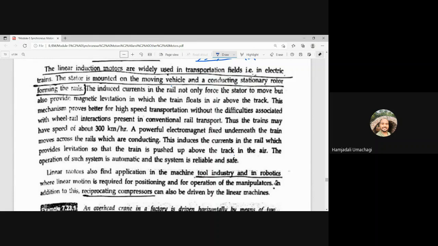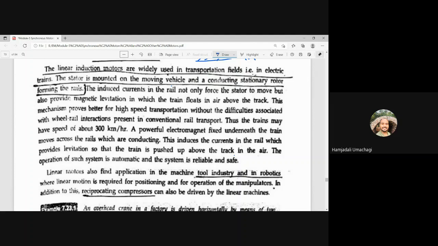So apart from the transportation field, these linear induction motors are also used in machine tool industries and robotics, wherever linear motion is required for positioning and for operation of manipulators. Okay, in addition to this, reciprocating compressors can also be driven by linear machines. Along with this, we can also make use of linear induction motors in reciprocating compressors. Okay, so these are all the applications of linear induction motors.